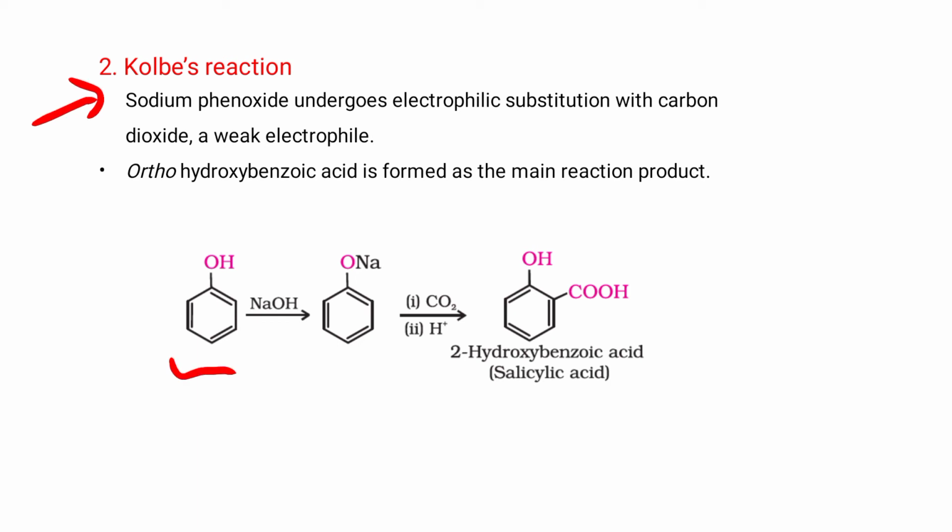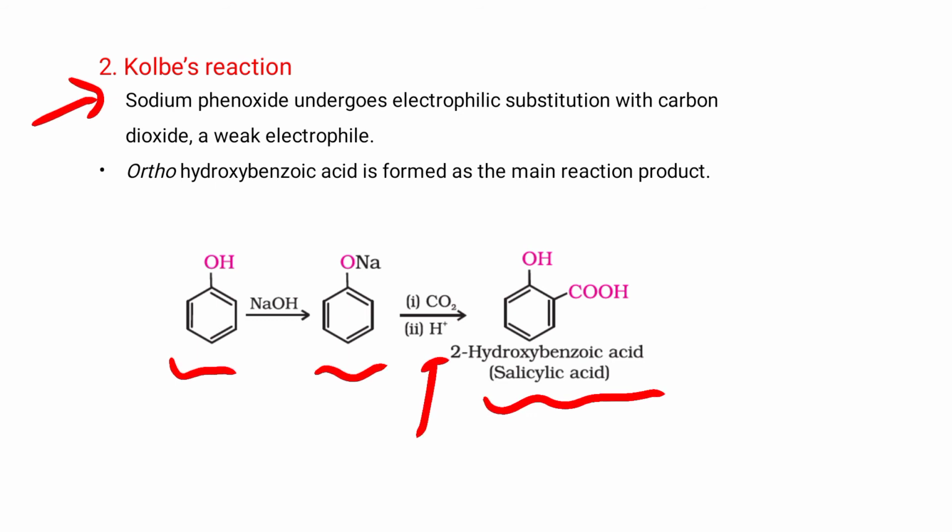Here phenol reacts with NaOH and it will form sodium phenoxide, and this sodium phenoxide will react with carbon dioxide, and this sodium phenoxide will undergo electrophilic substitution reaction and we will get the product salicylic acid in the presence of acidic medium.